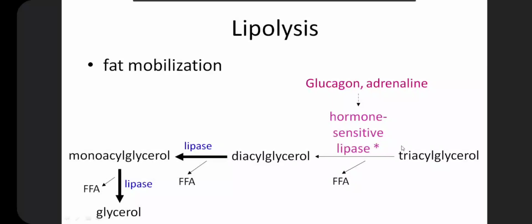The phosphorylated enzyme is the active form. Okay, and this is fat mobilization. Here you should remember what fat mobilization is: a process in which free fatty acids are released from the triglyceride through hydrolysis by lipase. And fat mobilization occurs in the adipose cells. You should remember.